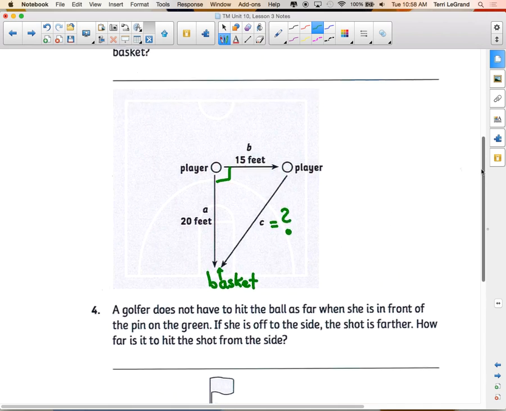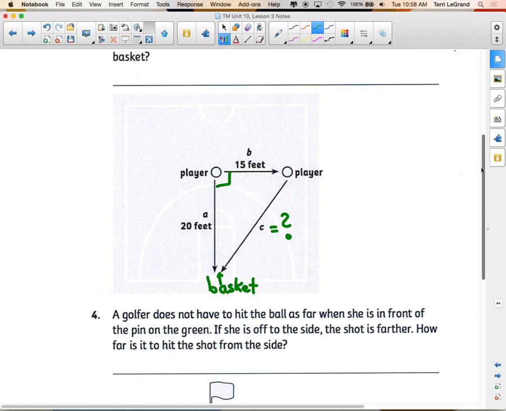So let's go over here and let's do A squared plus B squared equals C squared. And we need to sub three things in, and each of those three things needs to get squared.